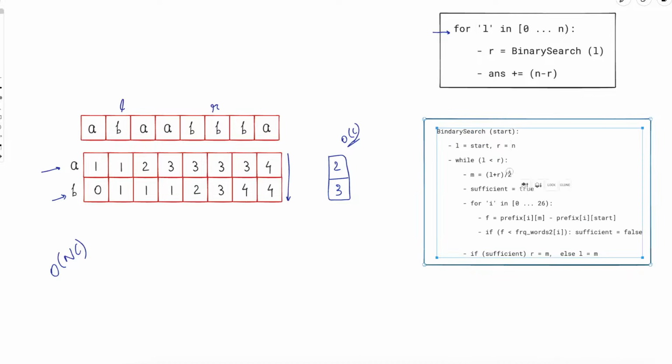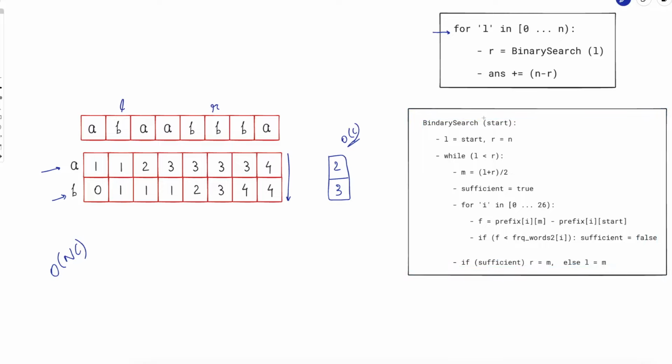We'll take in a starting position, start, which simply says where my array or subarray is starting from. Now for this L, you want to find out what is the nearest R that satisfies the condition.